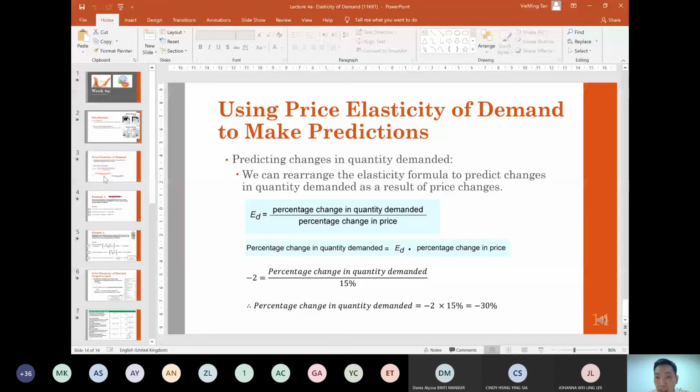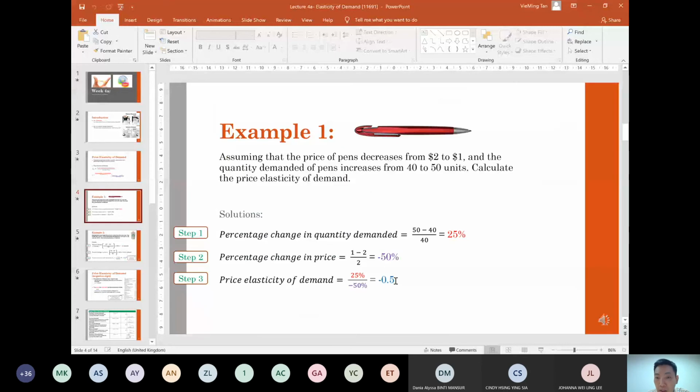You cannot put a dollar sign. It's not a percentage, because percentage and percentage cancel out. So 25 divided by -50, you'll get -0.5 or -1/2. So don't put any unit for the final answer for price elasticity of demand.